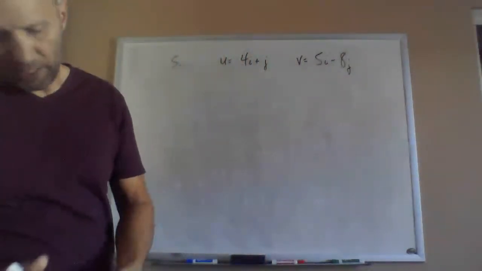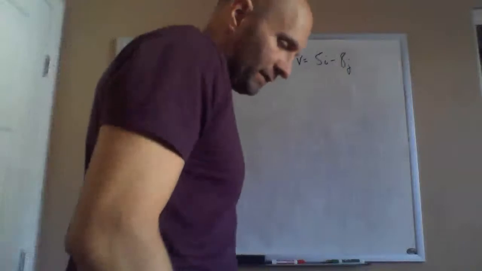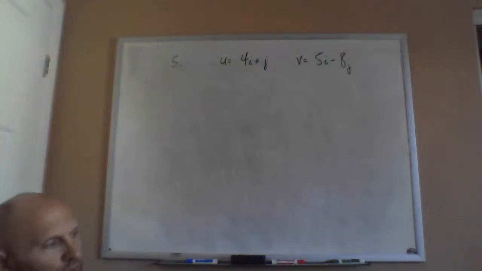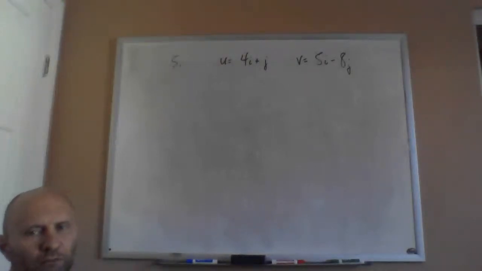So go ahead and find the dot product for that one. And then find the angle between these two guys. And I believe in this case, you might have to find the magnitudes. I don't think the answer is 90 on this one. So go ahead and try this one. Again, once you get done, just go ahead and type done so I know you're done.